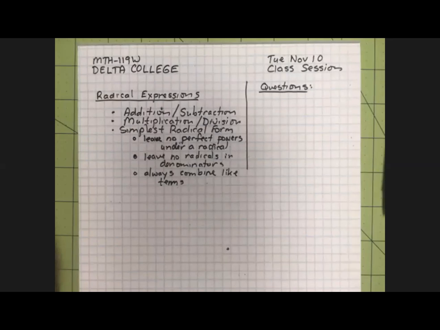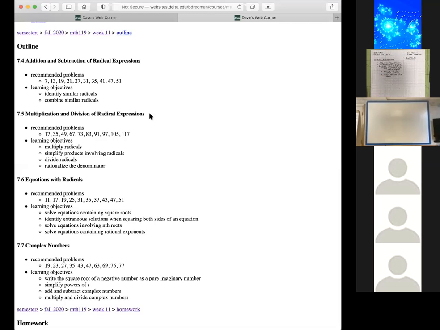So let's look at our website just to give you an idea of where we are today. So we're looking this week at sections 7.4, 7.5, 7.6, and 7.7. And today let's talk about addition and subtraction of radical expressions, multiplication and division of radical expressions. And then we'll get into the purpose that we've set for dealing with radicals.